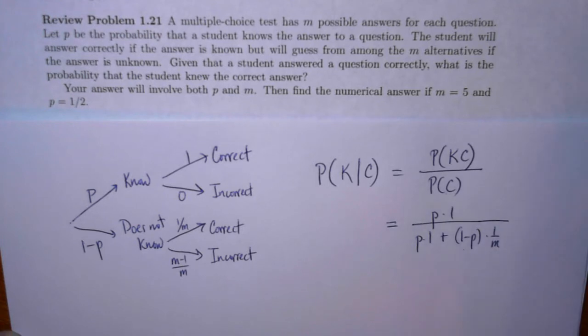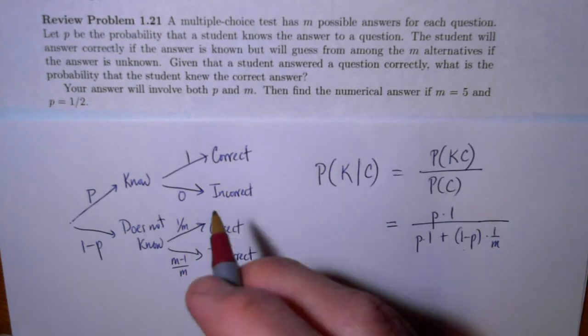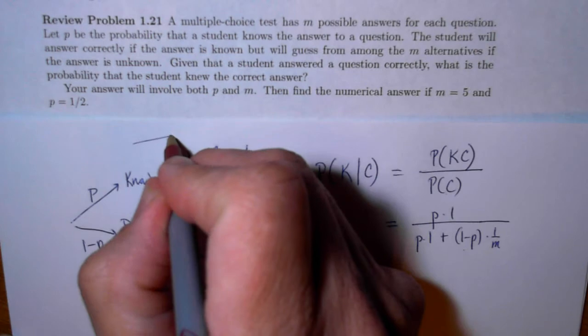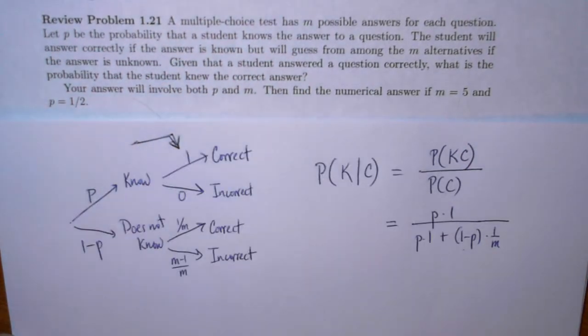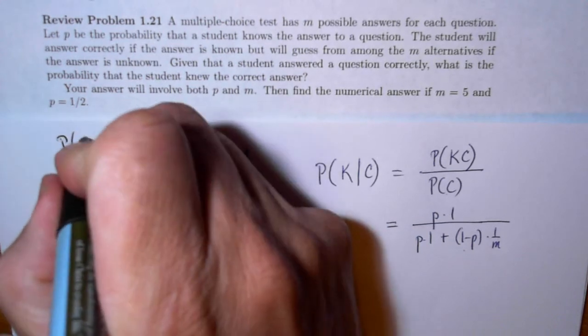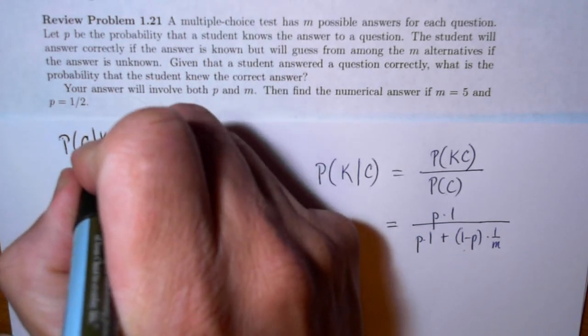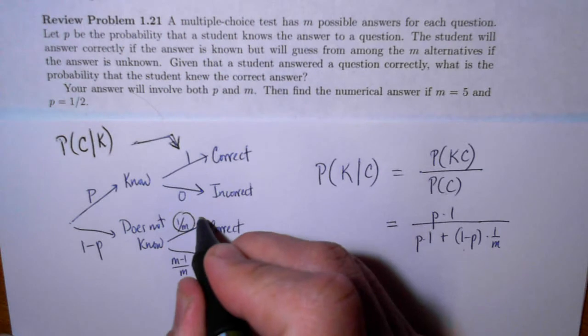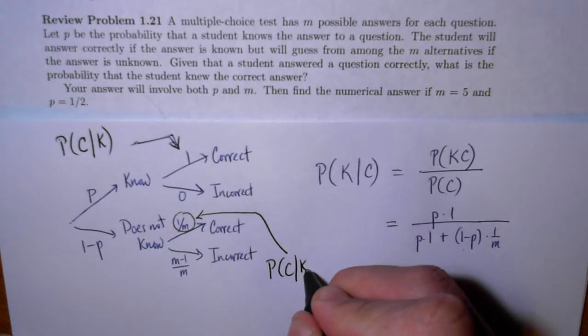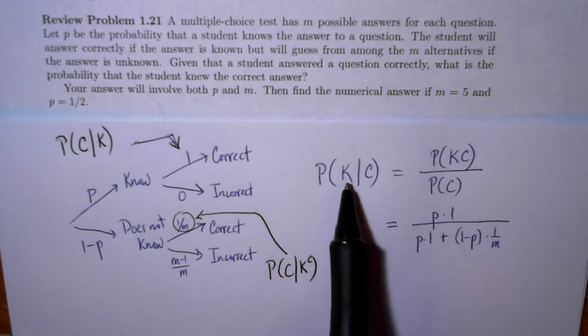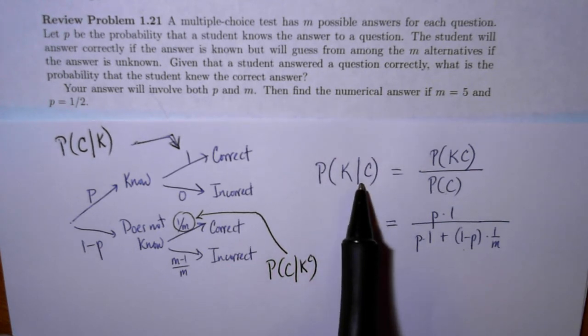And that's basically Bayes' rule, because the one that's given here is the probability of getting it correct, assuming that you know it. And this one here is the chance of getting it correct, assuming that you don't know it. And so here we're reversing the role of which thing comes first.